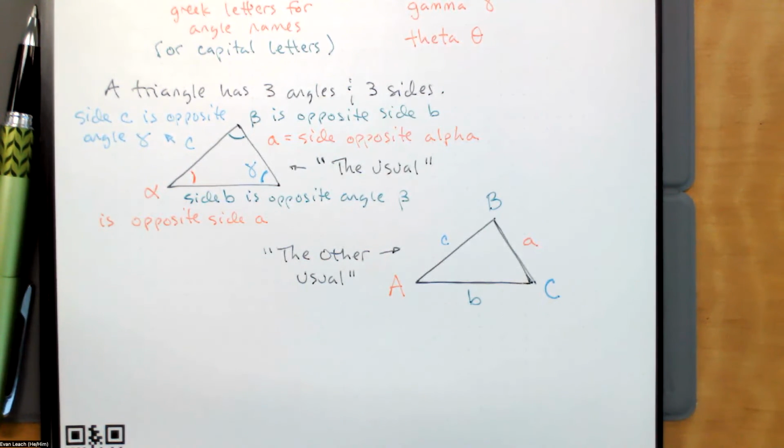So if only one of the angles matters, we might call it theta and be done. But this is the usual way we're going to do it.